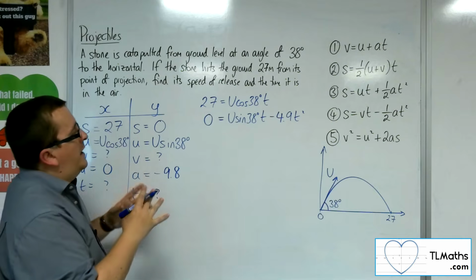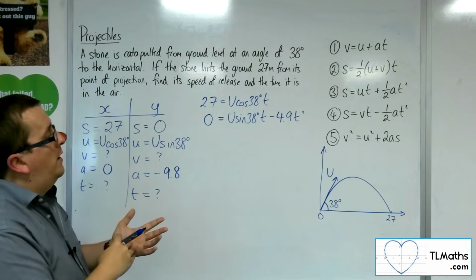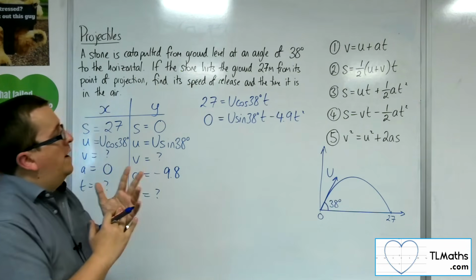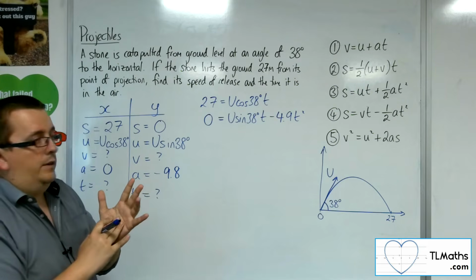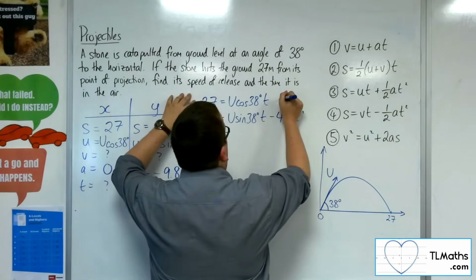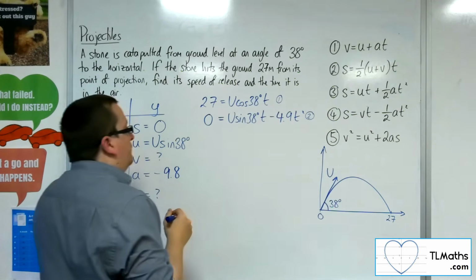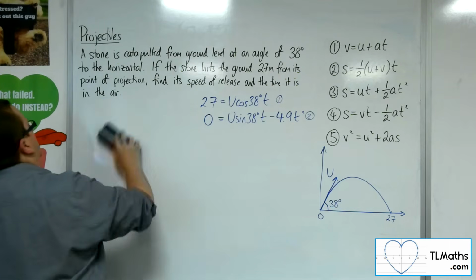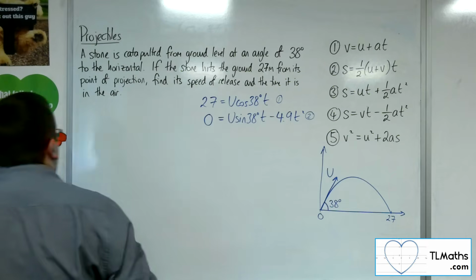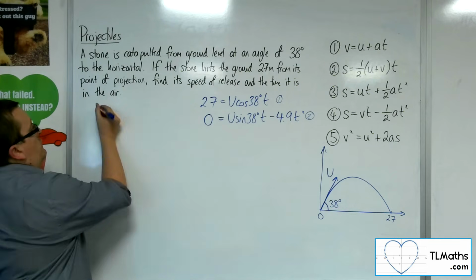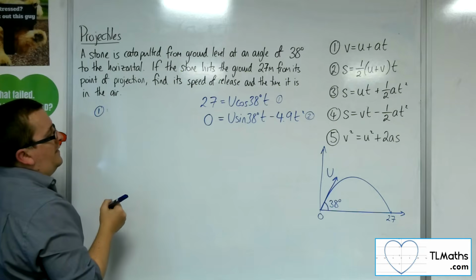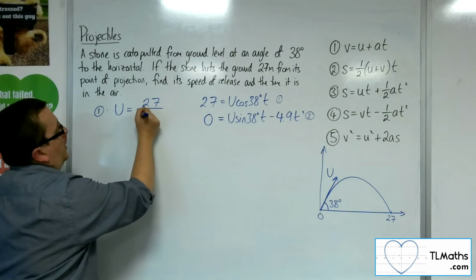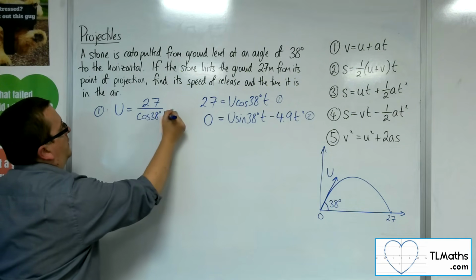Now, looking at these two equations, I've got two unknowns and two equations. So I'm going to number that equation number 1 and that one equation number 2. I just need to solve these simultaneously. If I rearrange number 1, I get u equals 27 over cosine 38 degrees t.